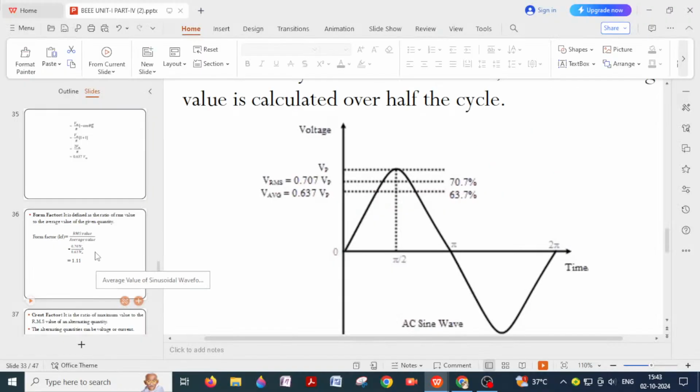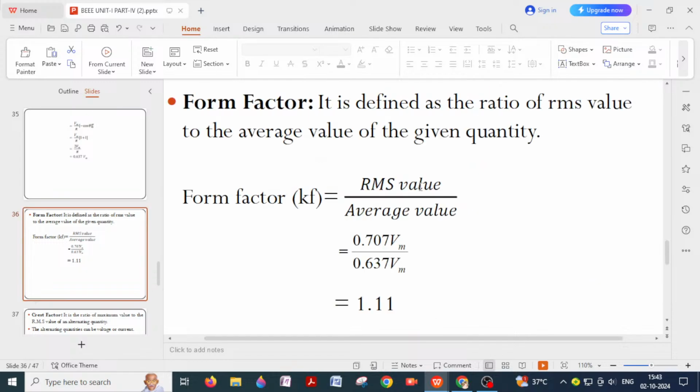Now let us see what is meant by form factor. Form factor is the ratio of RMS value to average value. The RMS value is 0.707 times Vm, and the average value is 0.637 times Vm. So Vm cancels.